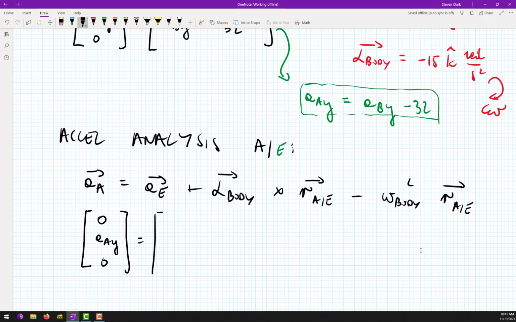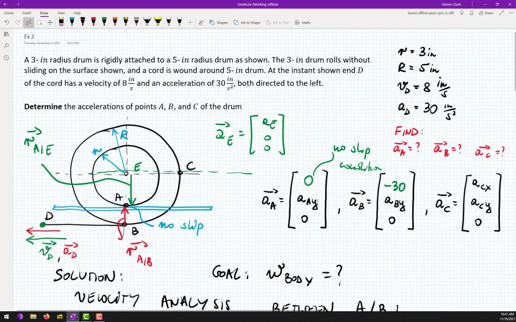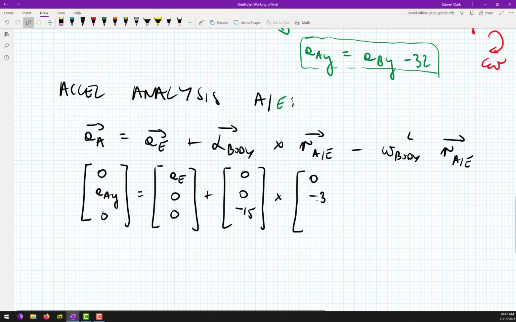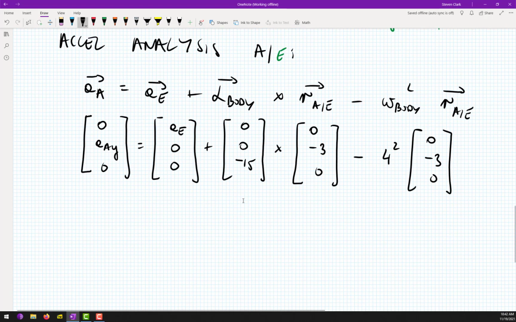We found that this is a_E, 0, 0, plus 0, 0, minus 15, times this, which will be, I believe, 0 minus 3, 0 minus 3, 0, minus 4 squared, 0 minus 3, 0.